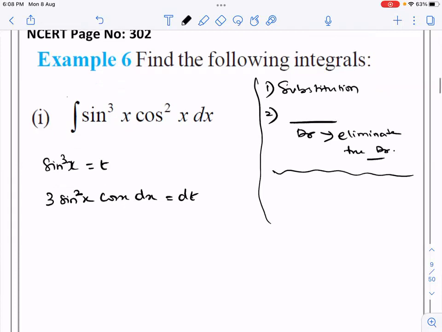Then what do I do with this? If it is sine cube x, then it is t. Then for cos square x, where do I go? This expression has nothing related to cos square. You will get stuck again. Any other idea?